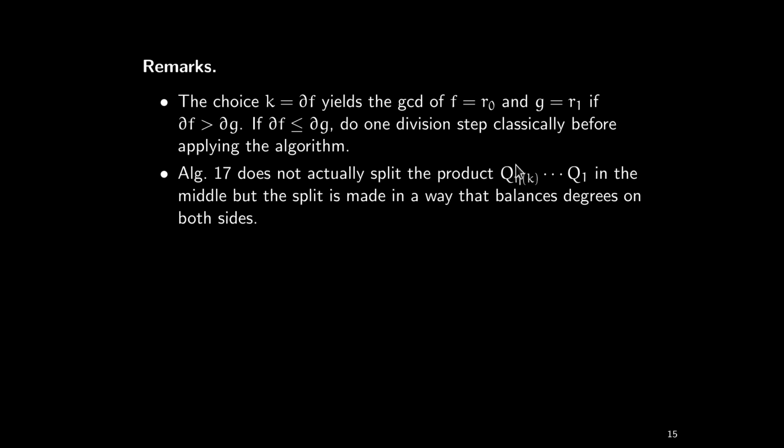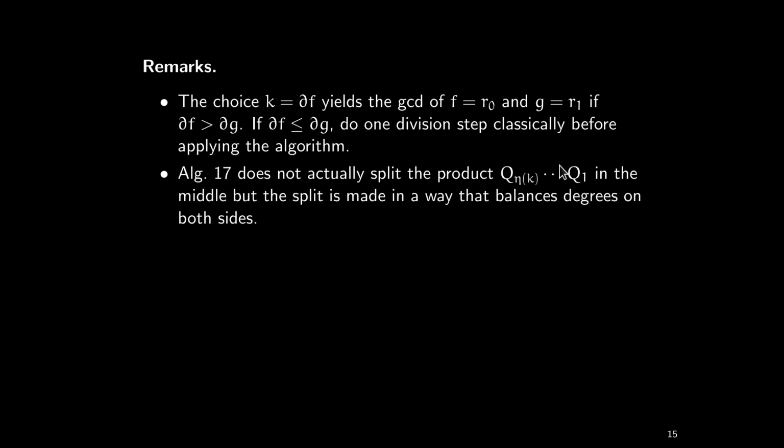that these polynomial matrices may be matrices of different degrees. So remember these Q's were the 2 by 2 matrices that had the quotients in the lower right entry. And the quotients usually have degree 1, but not always.